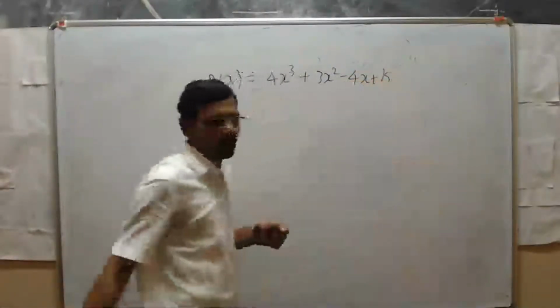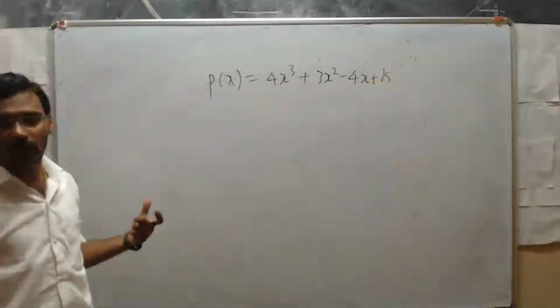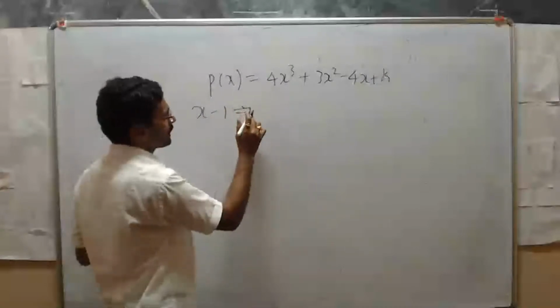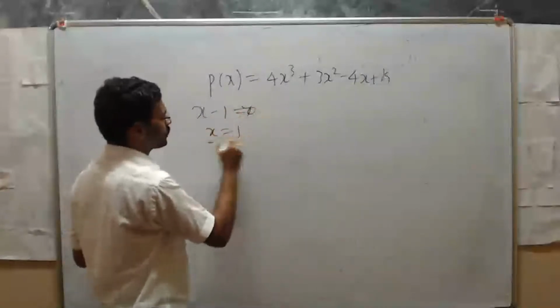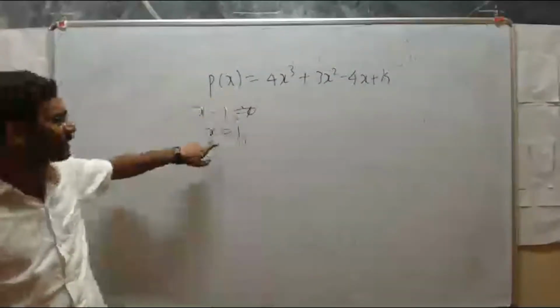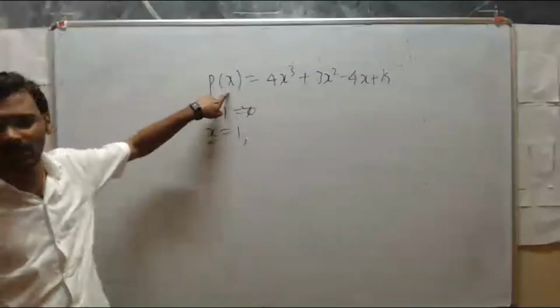Okay, it is a polynomial. Factor of this polynomial is how much? x minus 1. x minus 1 is equal to 0 means x is equal to 1. So we have to substitute the x value 1.